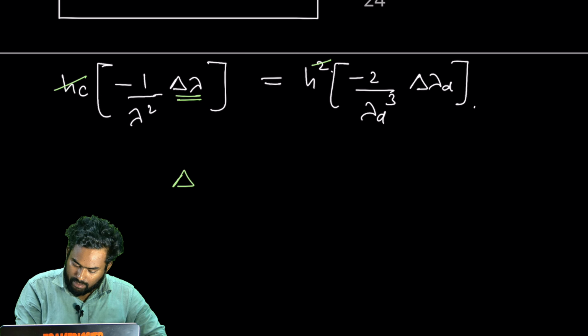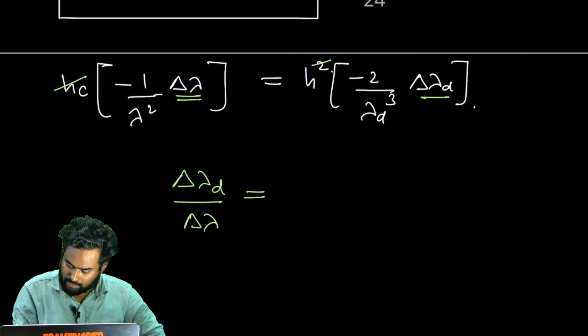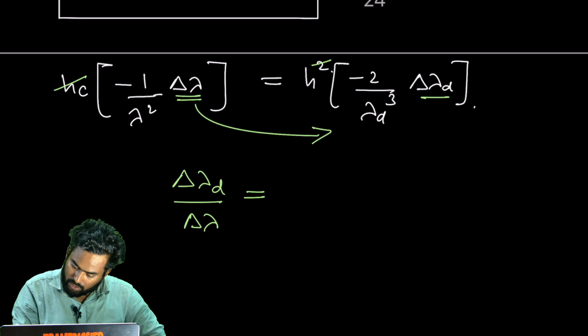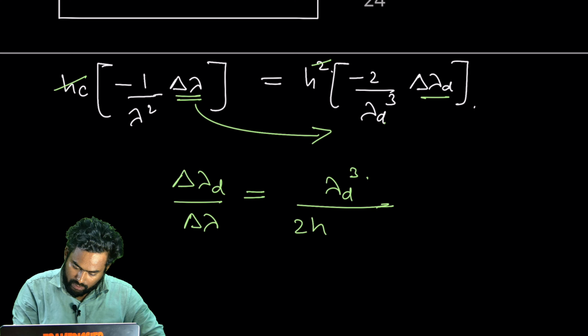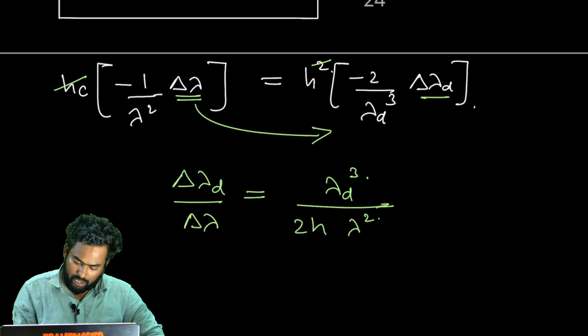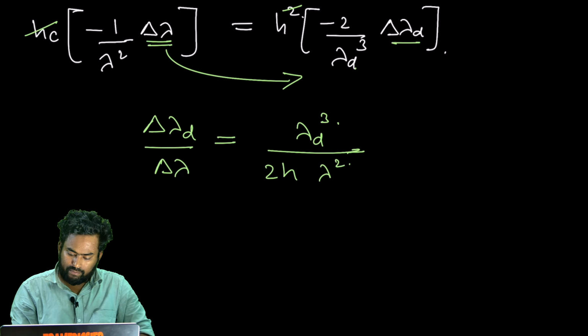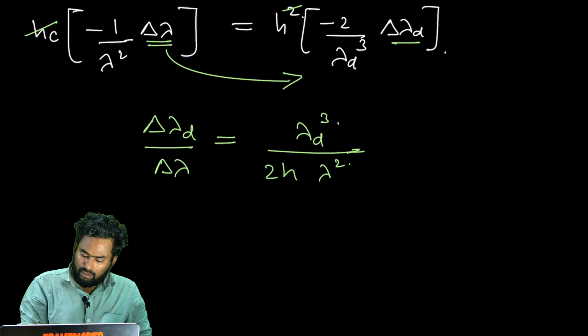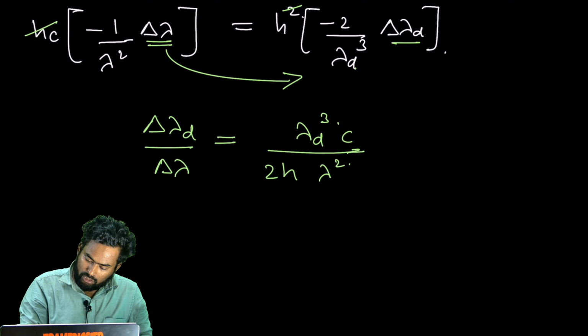So delta lambda d on this side divided by delta lambda on this side, lambda d cube will go this side divided by 2h. Here we will already have lambda square in the denominator, and c is also there.